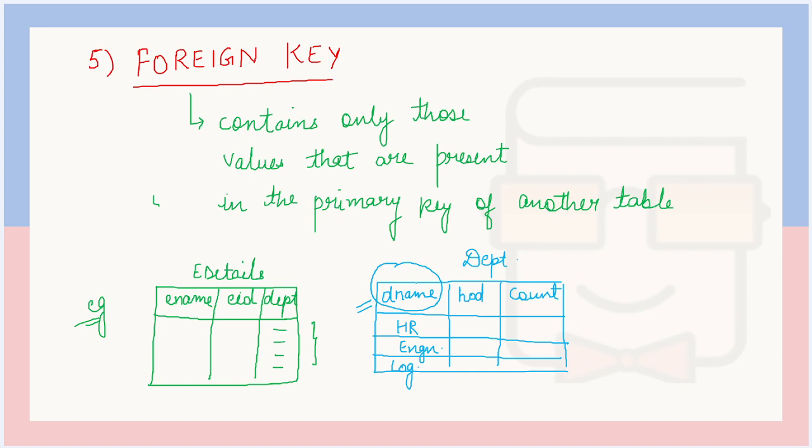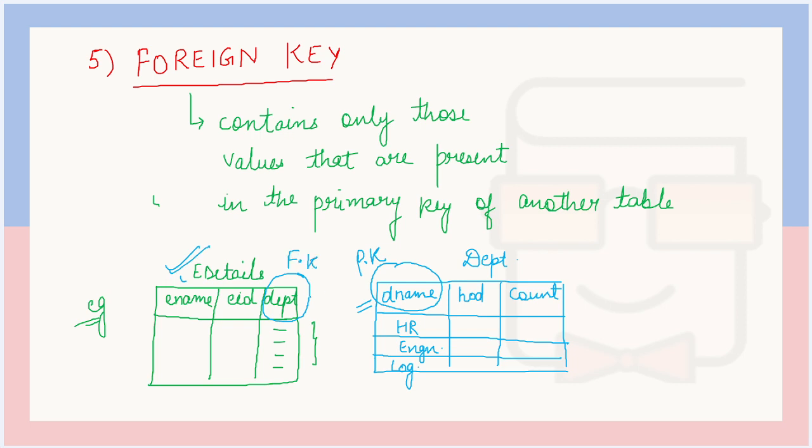Now, what is the concept of foreign key? This is the primary key. Okay. Now we have said that when we designate a particular attribute of a table as the foreign key, then that attribute can only take values that are present as primary key values in another table. So in our case, we are designating the department, DEPT, attribute of the employee details table as the foreign key.